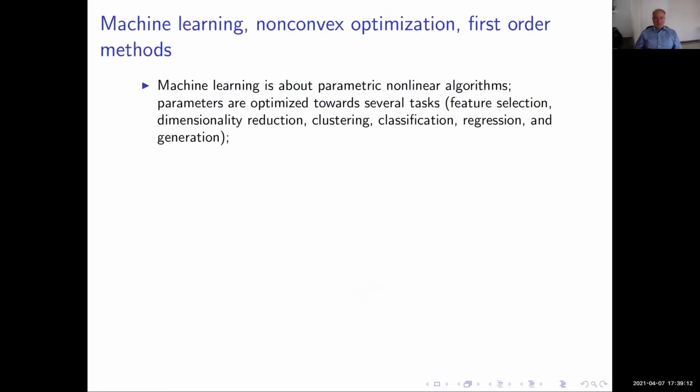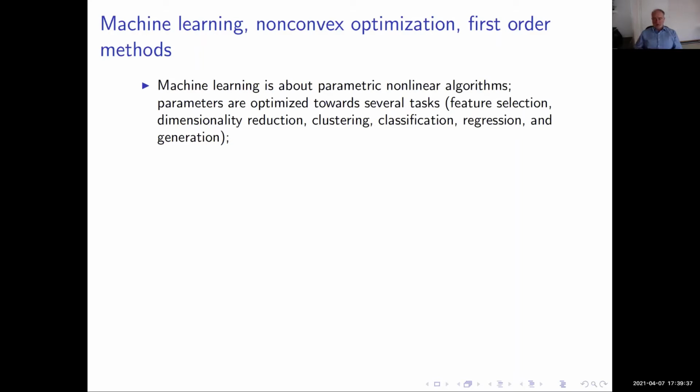So let me explain a little bit what machine learning is about. Machine learning is about parametric nonlinear algorithms. In other words, they are nonlinear functions that are highly parametric. The parameters are typically fit to data and optimized towards several tasks.